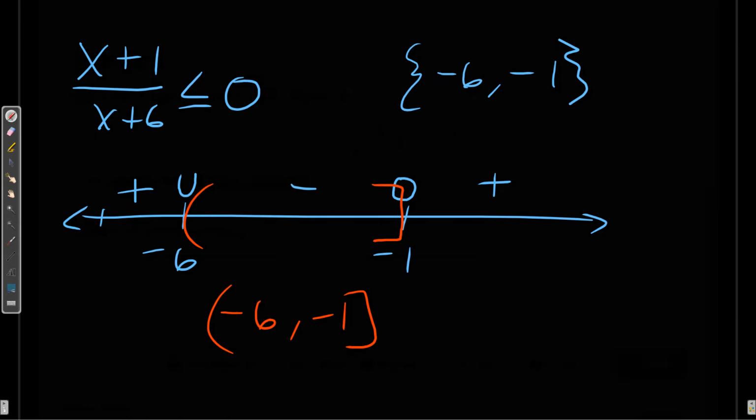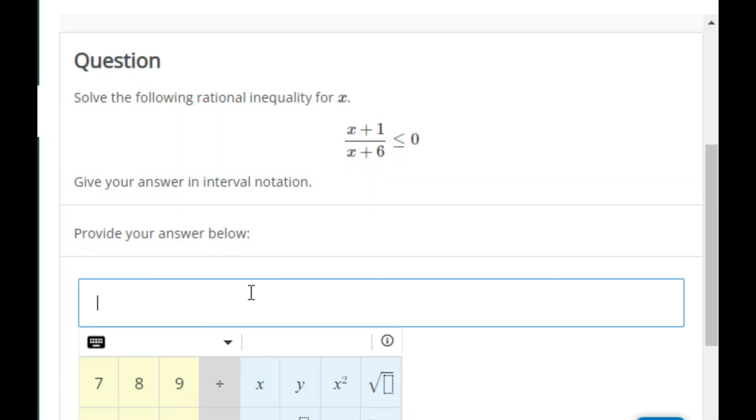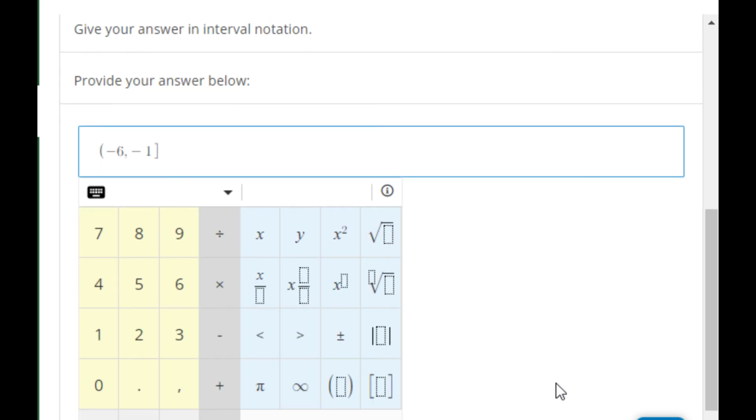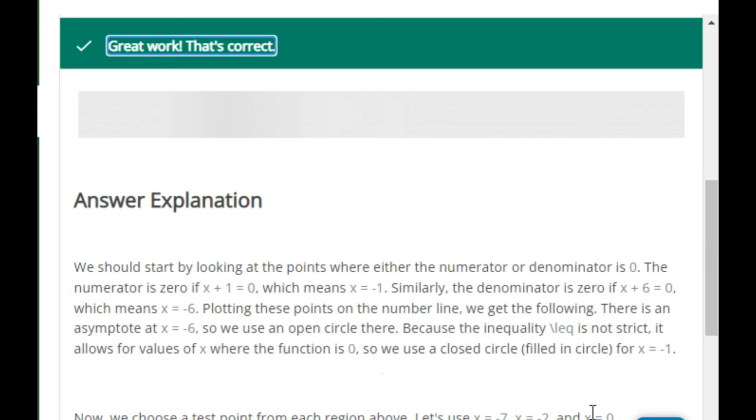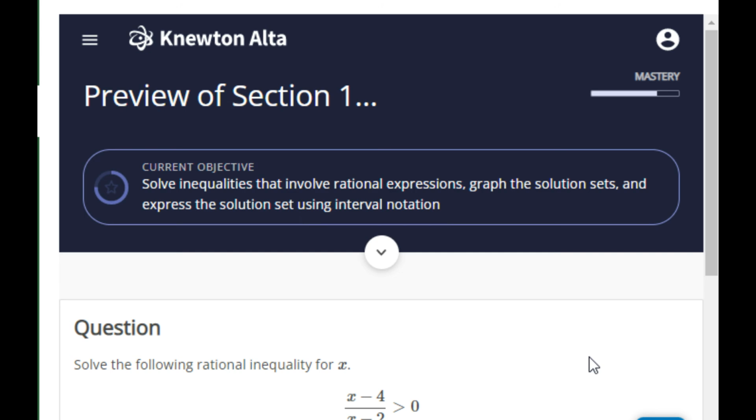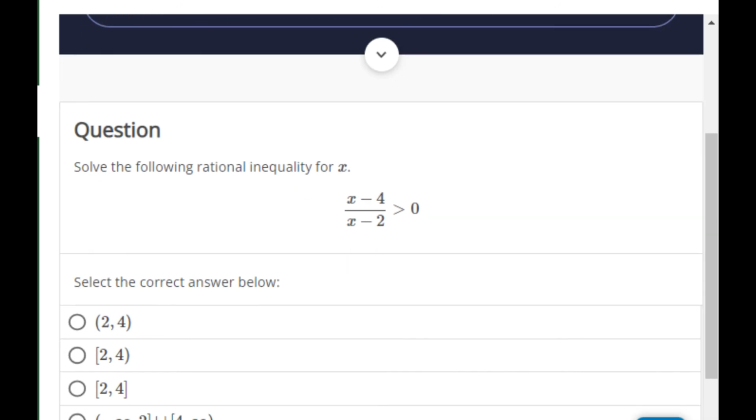All right. So it would be not including -6, but it would include -1. Super duper. And it looks like this might be the last question.